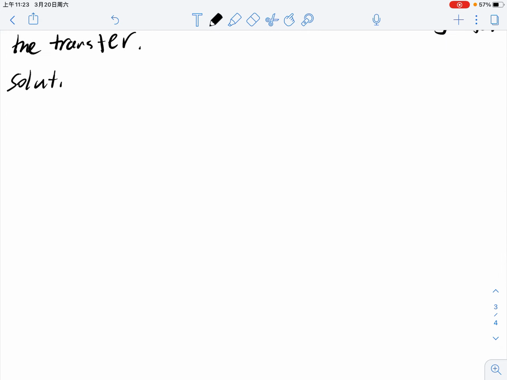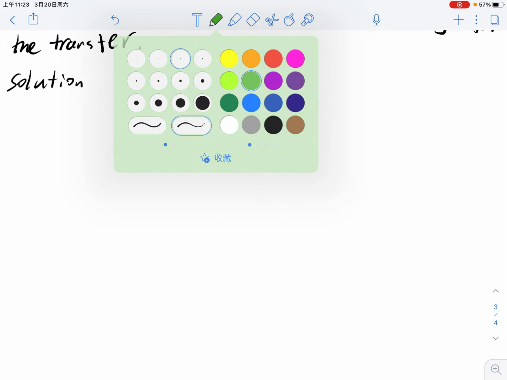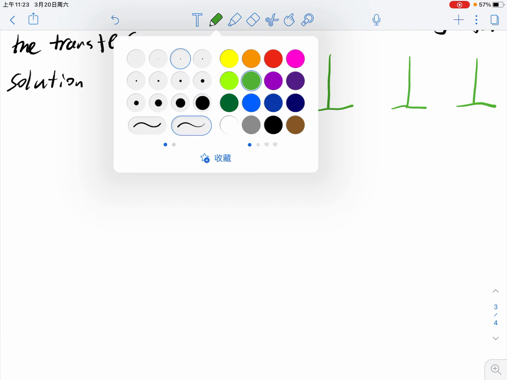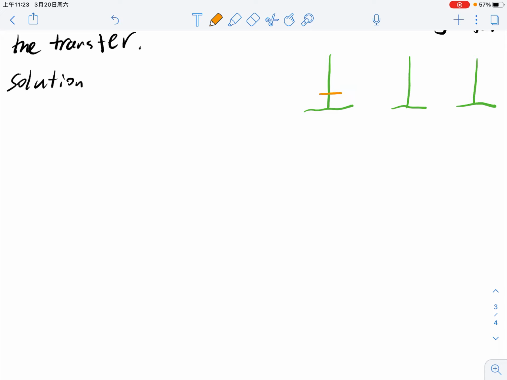And we can first draw a picture. So you have 3 pegs, and if you have one disc, then this is easy.